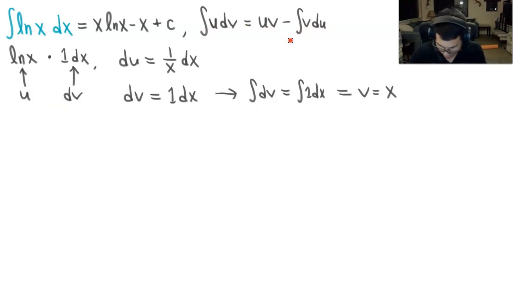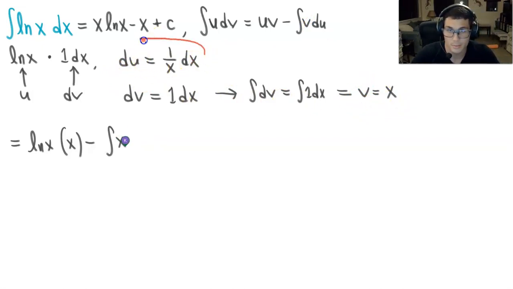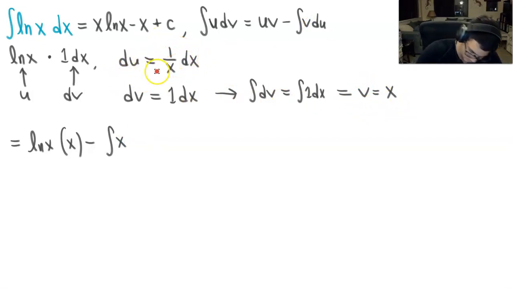So let's write it out. This is going to be equal to, what's u? u is ln of x. What is v? v is x. Then minus, and what do we have here? Well, we need v and du. So v is equal to x, and du is equal to 1 over x dx.